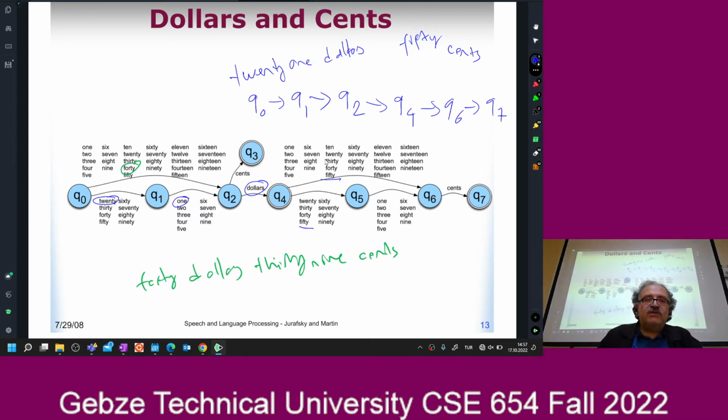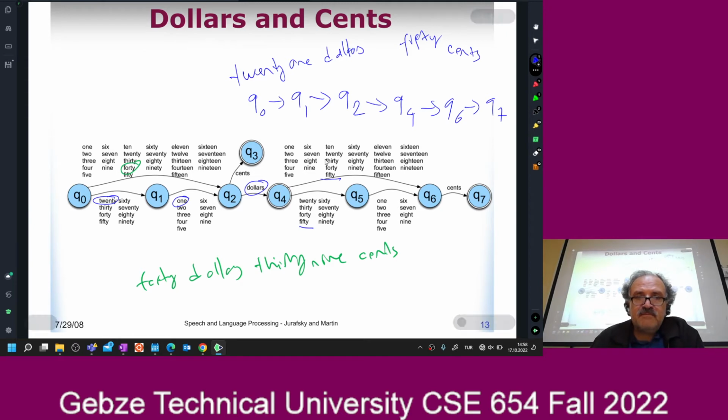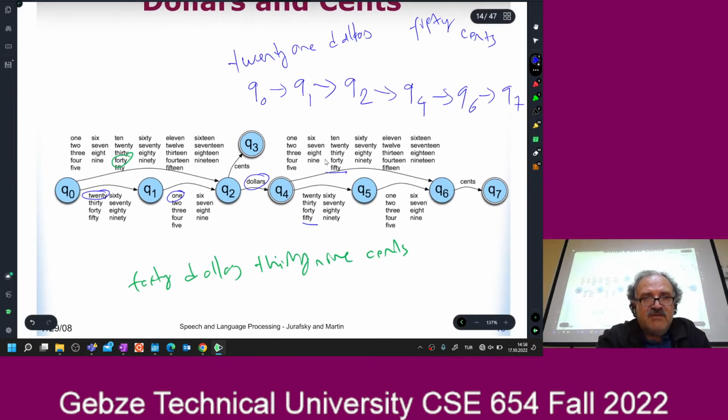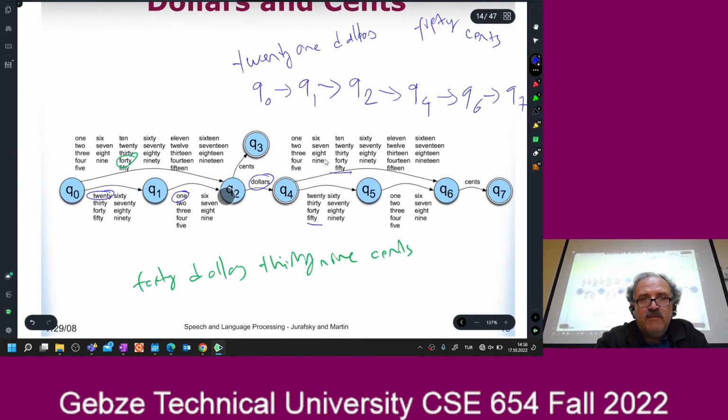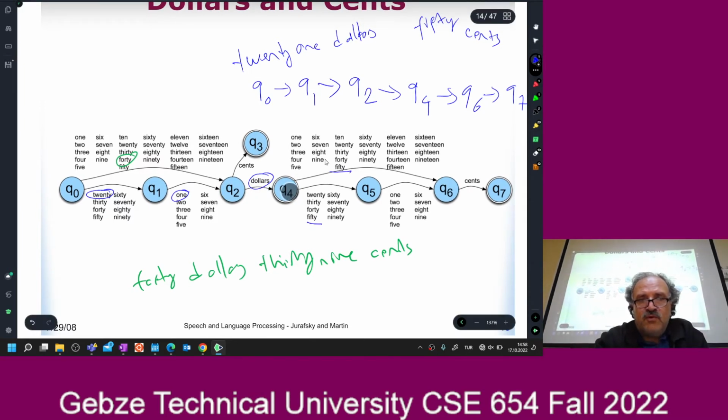So if you say $40.39, would you accept the string as an American dollar value? Well, I am going to look at this. Where is 40? From Q0, 40 to Q2, dollars, then Q4.